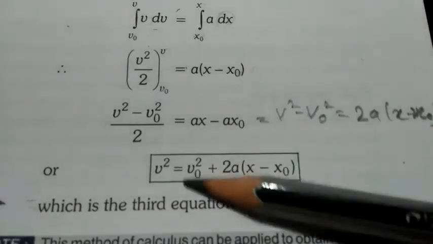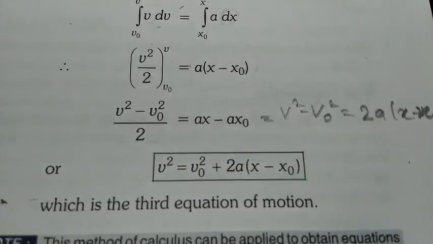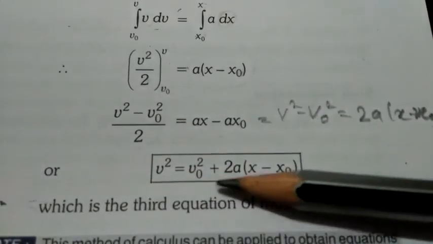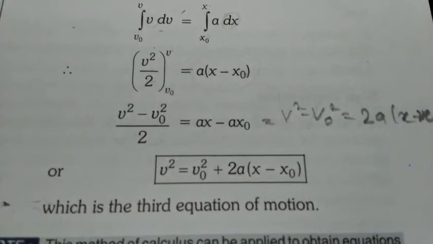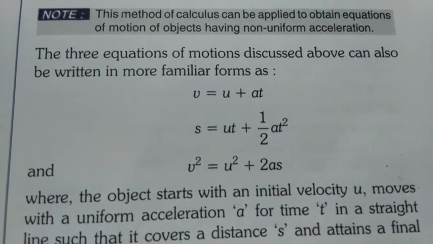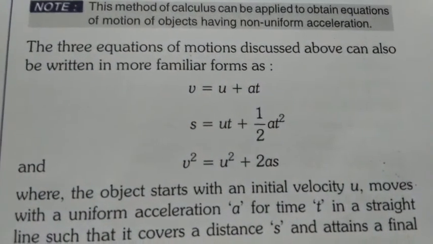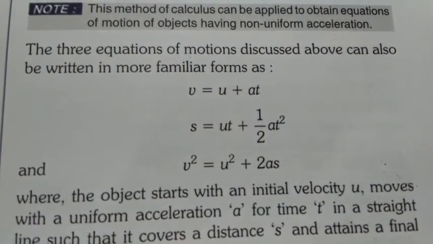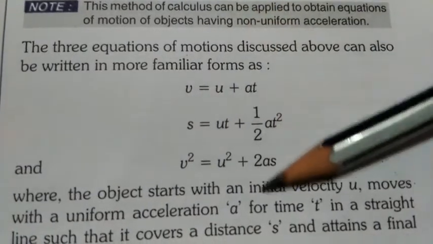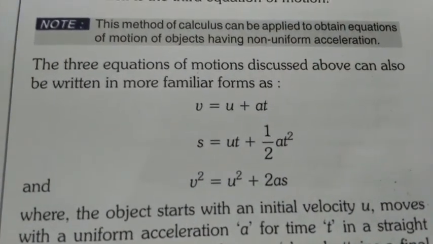You can replace v naught by u and x minus x naught by s. So it will become v square equals u square plus 2as. So this is the third equation of motion. Here you can see the most famous and familiar form to write the three equations of motion is this one, which you have studied in junior classes.